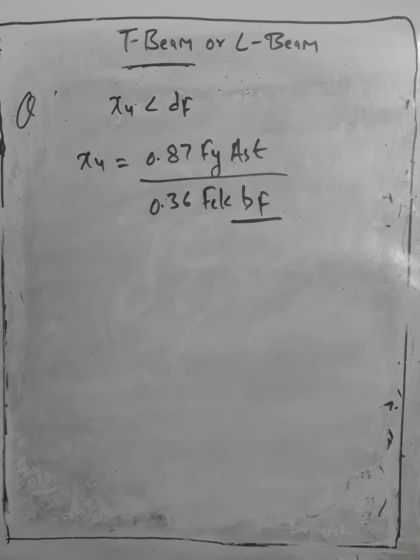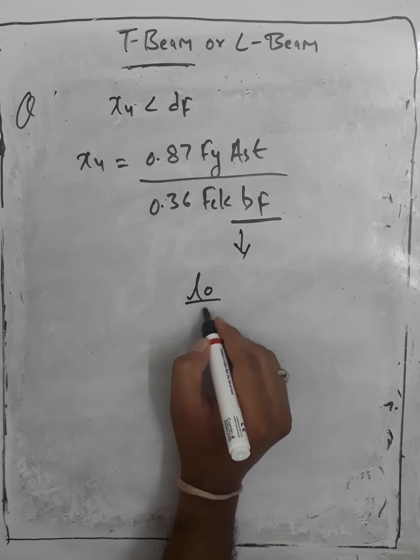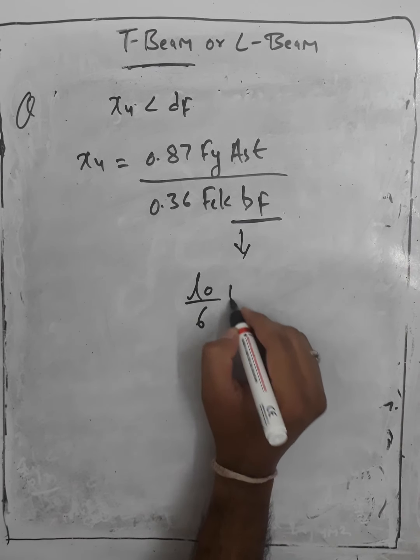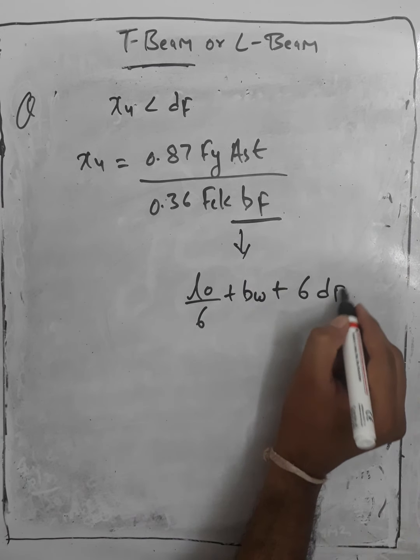For finding the effective width of flange, we have various formulas for isolated and monolithic T-beam, which are given in our code IS 456-2000. Here we assume in our question the structure is monolithic. So for monolithic structure, for finding the BF the formula is L naught divided by 6 plus BW plus 6 DF.